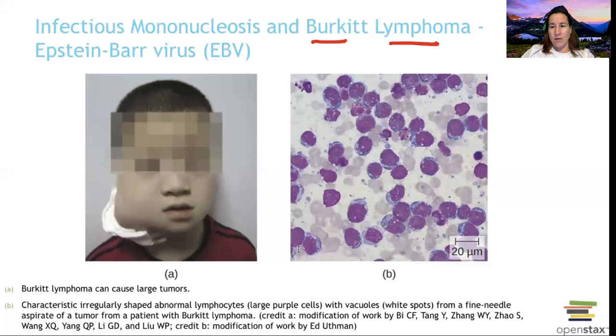These guys hang out in your B cells, in your B lymphocytes, and that's where they are going to potentially accumulate. If you are immunosuppressed, if you already have a pre-existing condition like malaria or HIV, this Epstein-Barr virus can progress into Burkitt's lymphoma.